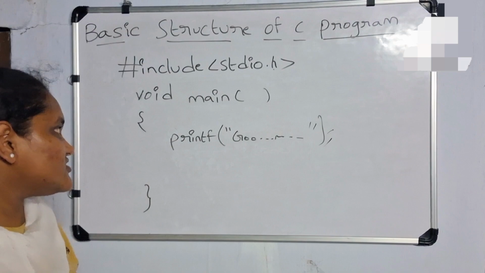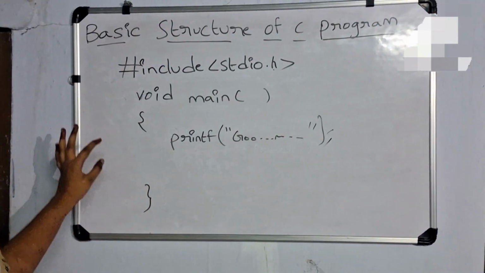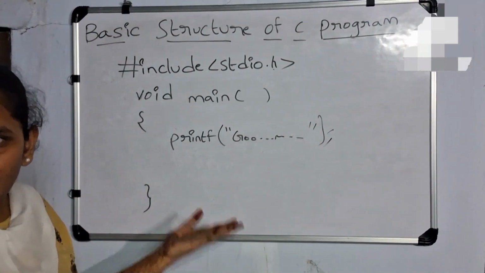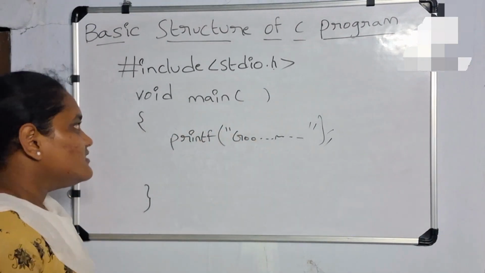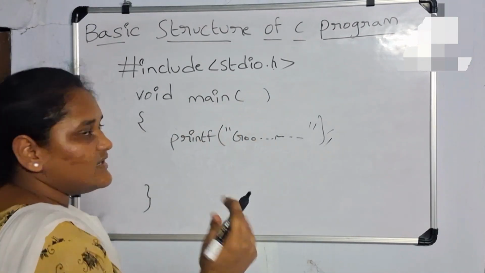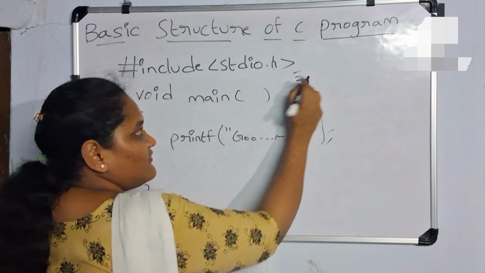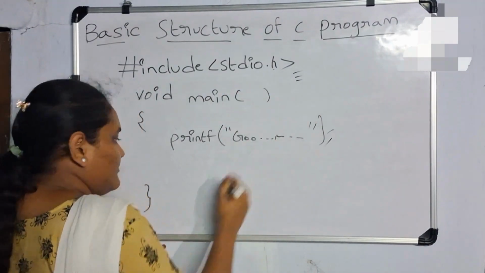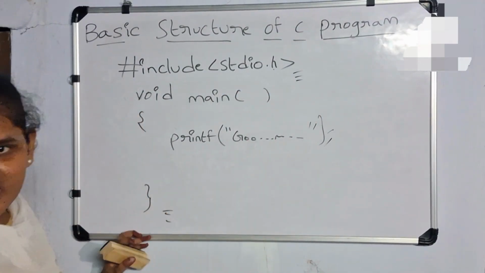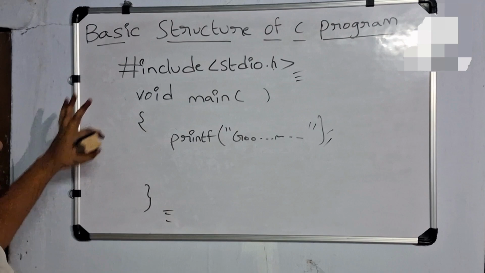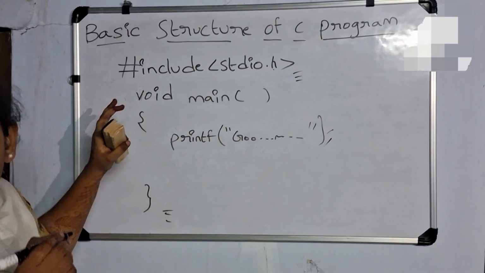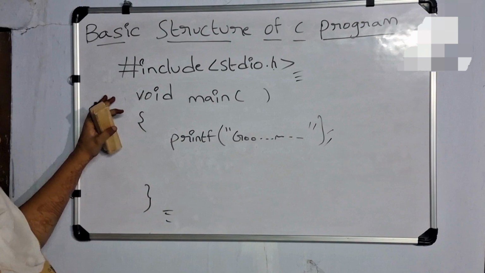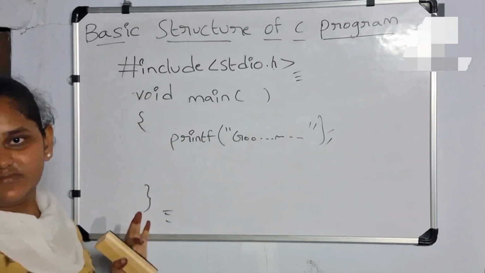And the main function: every program starts executing from this function. Let us assume that we have multiple functions here and under this main function as well, but when we run the program, the execution starts from the main function only.